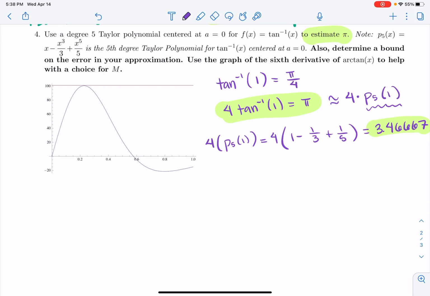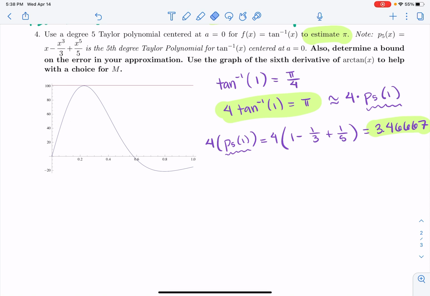Okay, so let's determine a bound on the error in the approximation. Again, what we're finding the error on is p5 of 1. So presumably this has 4 times the error of what would be p5 of 1.